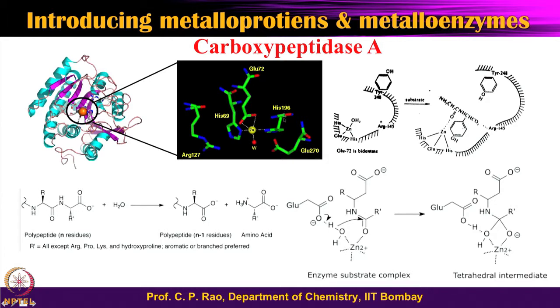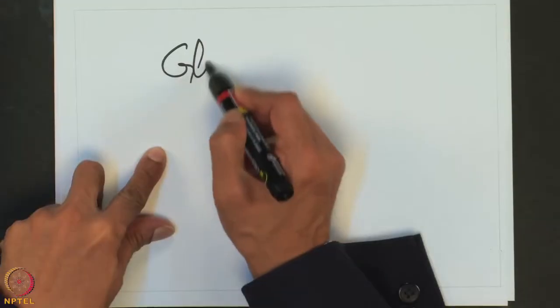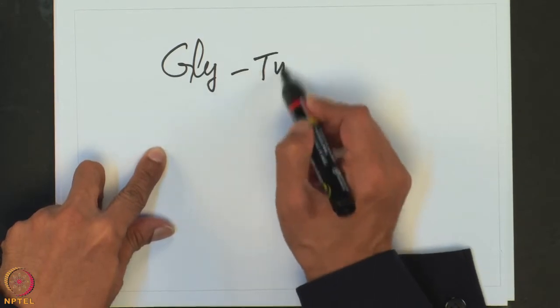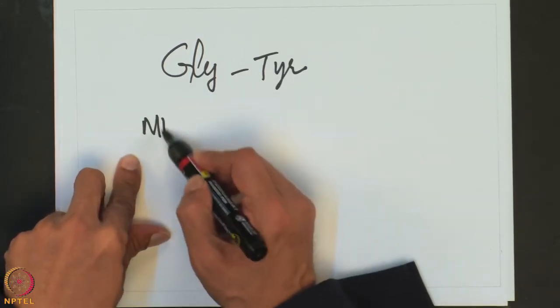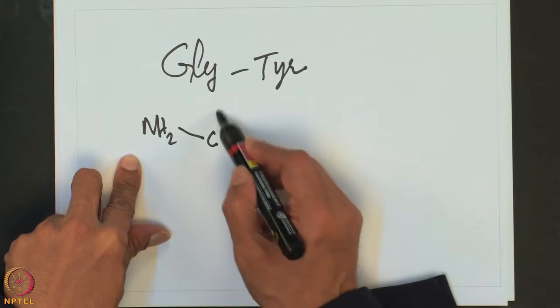Now, you can see in one of the cases, probably the carboxypeptidase, a glycyl tyrosine here. So, this is glycyl tyrosine. So, this is NH2, C alpha.